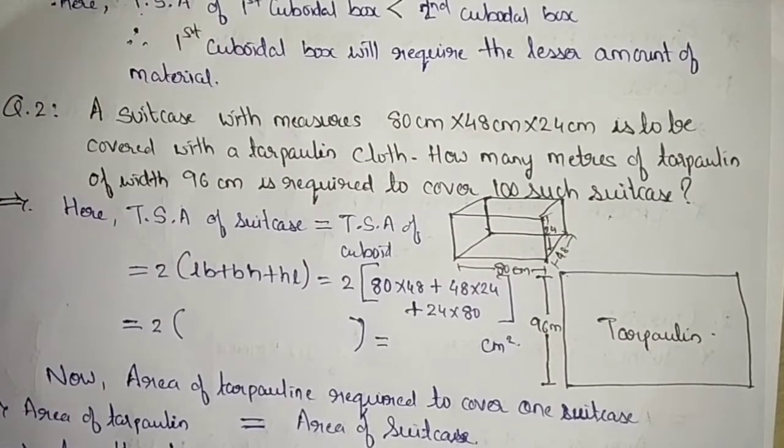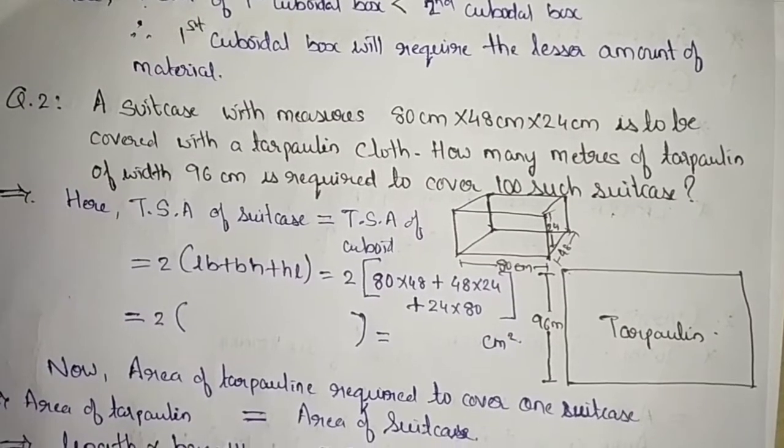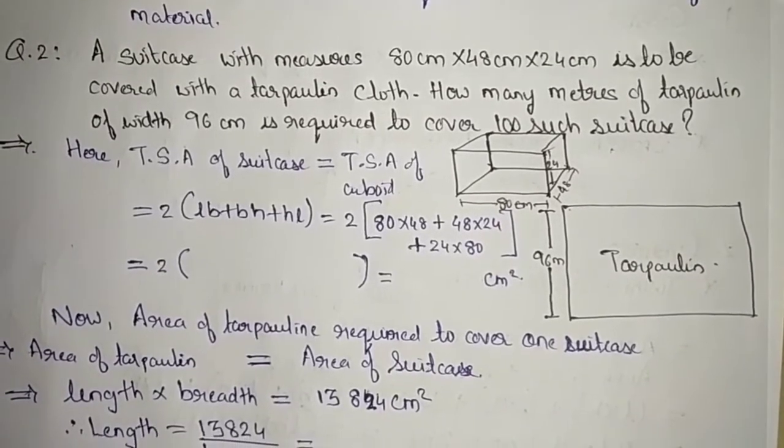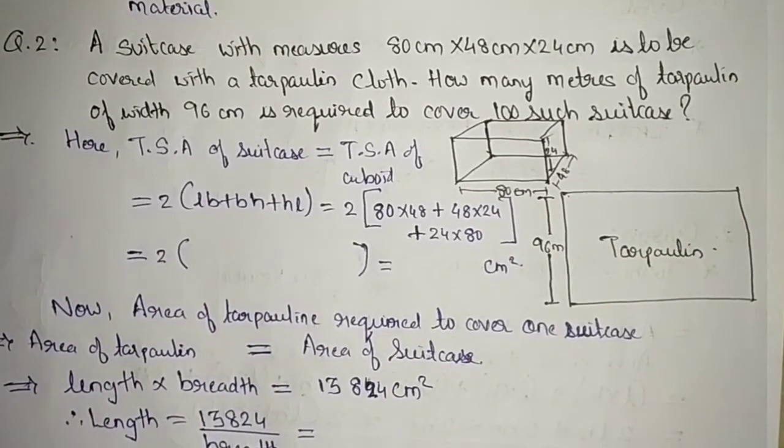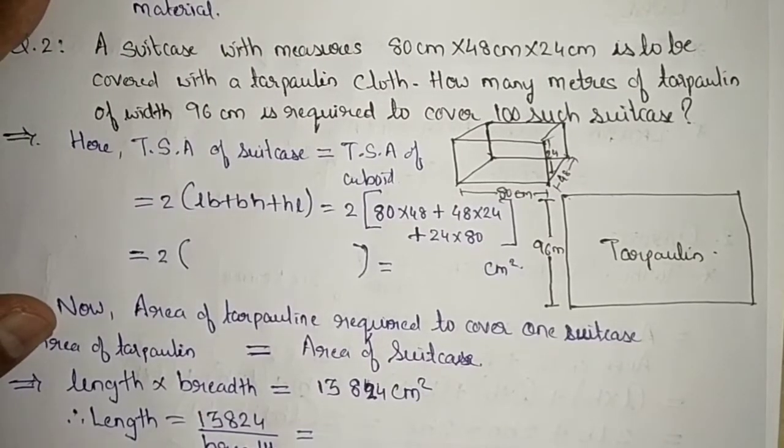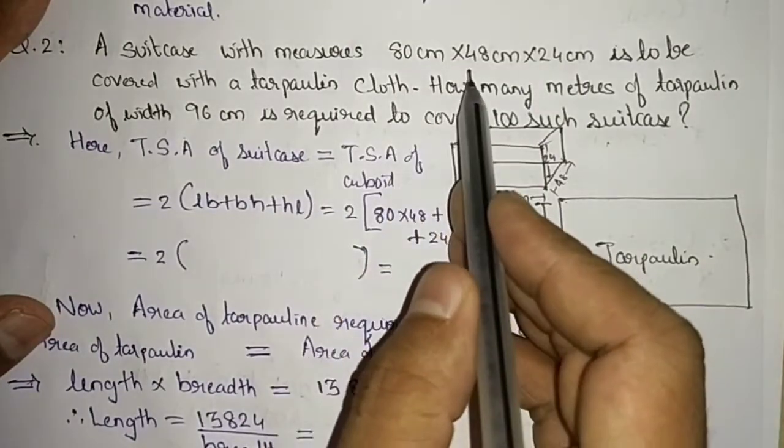Now let us move to question number 2. Question number 2 says, a suitcase with measures 80 centimeter into 48 centimeter into 24 centimeter is to be covered with a tarpaulin cloth. There is one suitcase and its measurement is given in length into breadth into height.